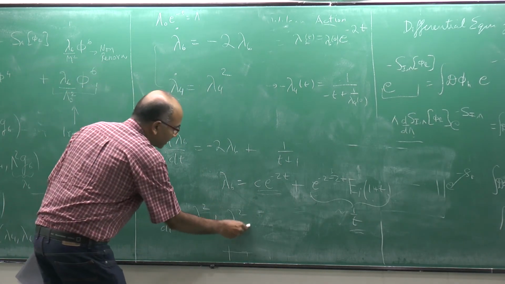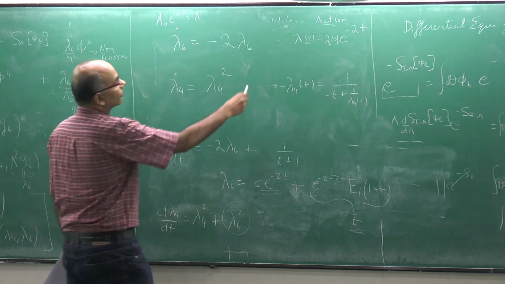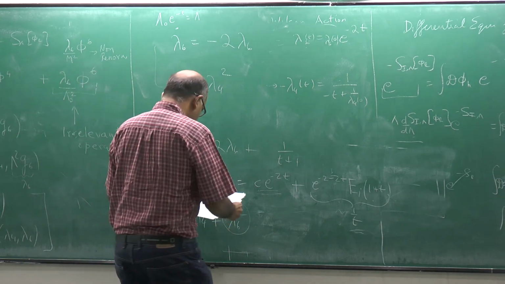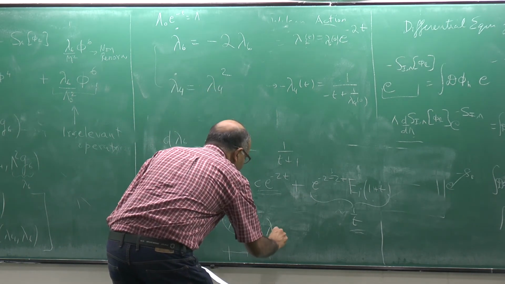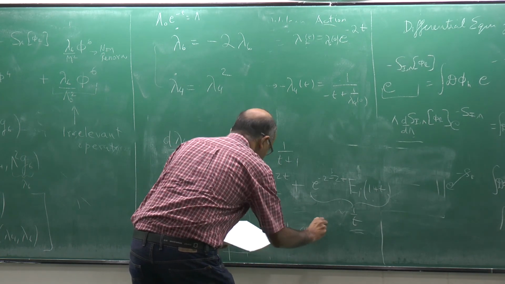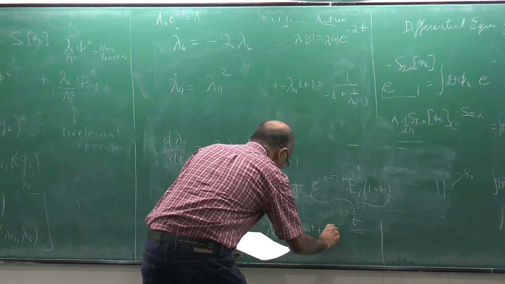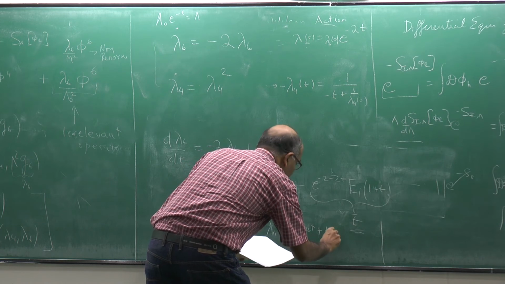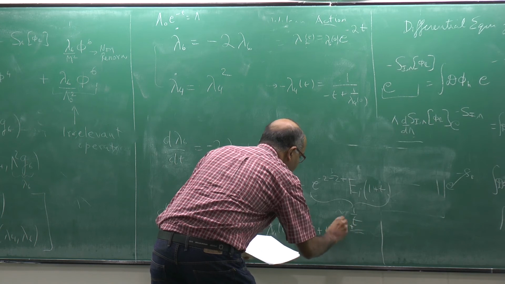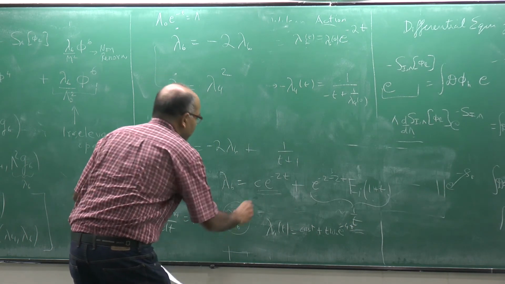So to lowest order, I put in this solution for that. See what you get. You get a solution for lambda 4 that looks like this. You get some constant plus t times e to the power minus, this coefficient is, let's call it W naught.